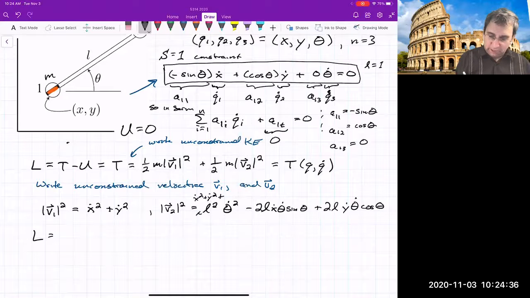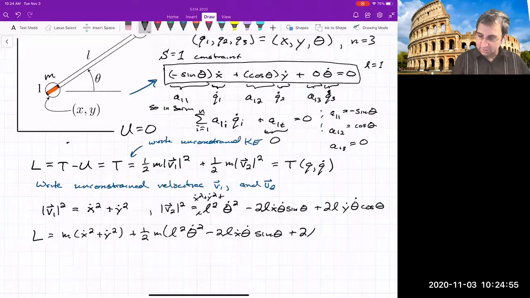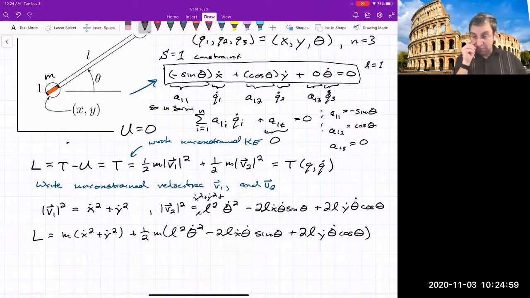And then you add everything up, you have m times x dot squared plus y dot squared, plus 1/2 m L squared theta dot squared minus 2L x dot theta dot. As long as I'm turning the crank appropriately, there's nothing here to memorize. So that's my Lagrangian.